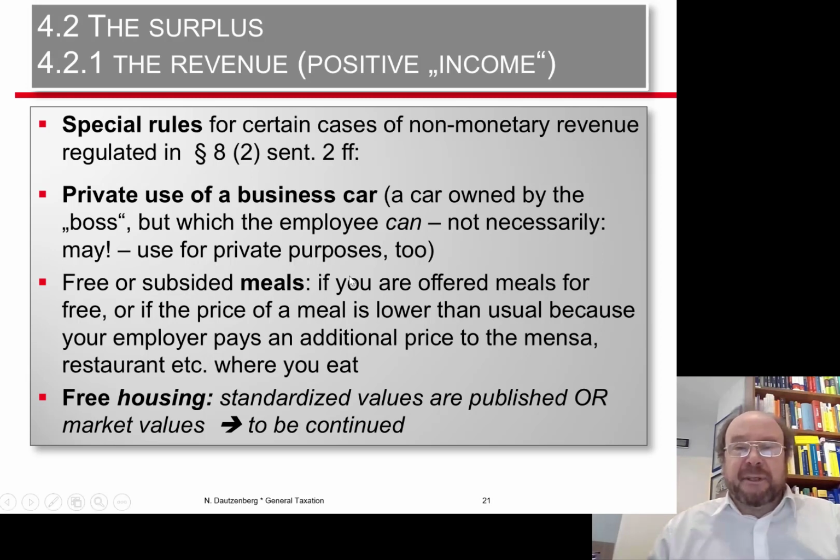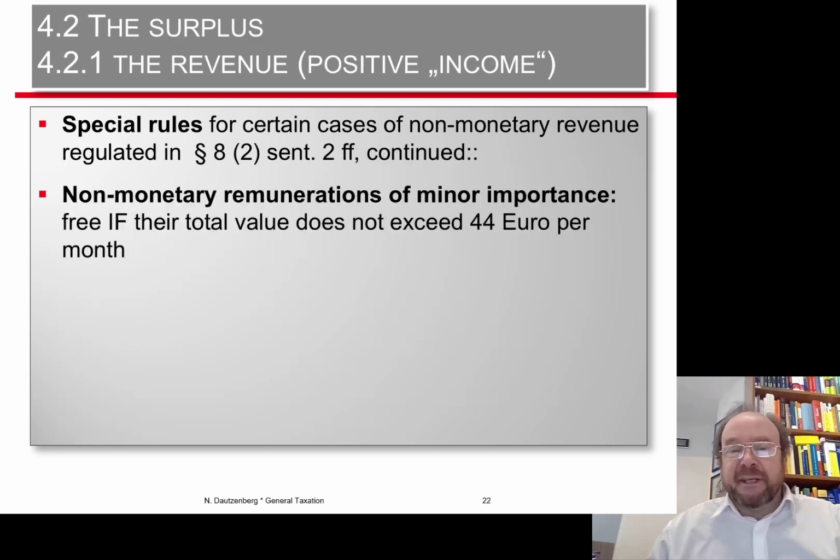Also, if your employer pays your private habitation, this is a considerable monetary advantage because you save all the costs for having an own flat or renting it from somebody else, and this is, as you all know, a considerable amount of money per month. So you can't ignore it if you don't want to treat different taxpayers unfairly.